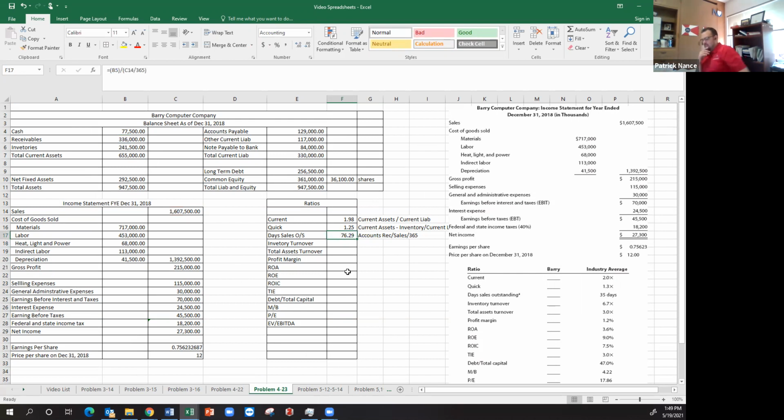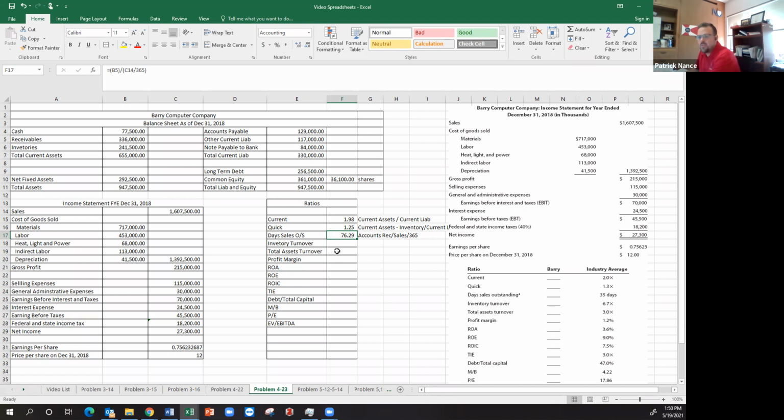What this tells me is that my days sales outstanding, roughly the number of days that my receivables represent, is 76 days worth of sales. So that $336,000 in there is roughly 76 days worth of sales on the average. Obviously, things can ebb and flow, but we just took this as an entire year. So there's 76 days worth of sales in my accounts receivable.